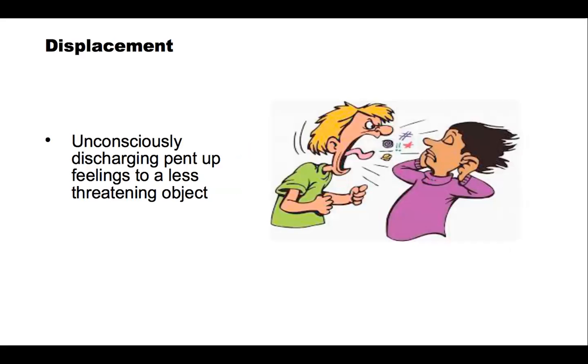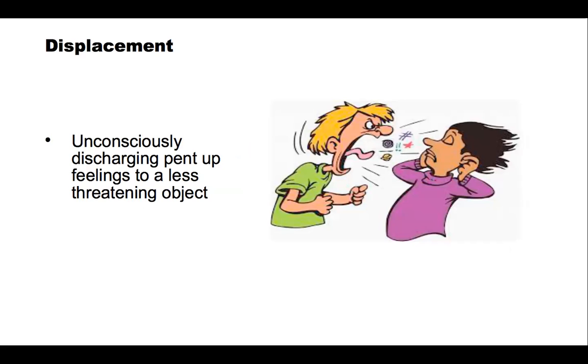Now let us see what is displacement. So displacement is unconsciously discharging pent-up feelings to a less threatening object. So in this defense mechanism, the emotional feelings are transferred to a person or object who is less dangerous than those who initially aroused the emotion. So an individual who is using displacement is unaware of this at the time, but later he can realize it.